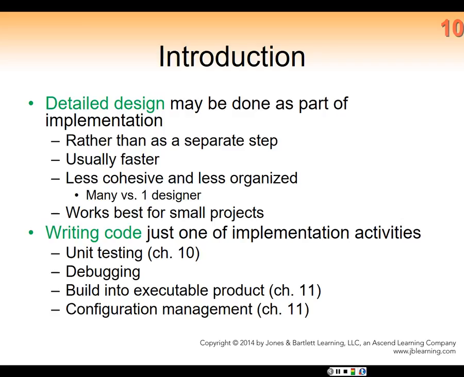Part of implementation, which we'll take a look at in chapter 11 in a few weeks, is that you have to build the code that is written by these independent members of the team into an executable product. You should realize it's entirely possible to take, let's say, a very simple product, the quarterback problem from assignment 1.